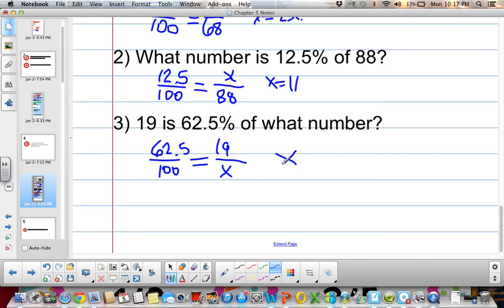Cross multiply 100 times 19. And then we divide it by 62.5. And we get 30.4.